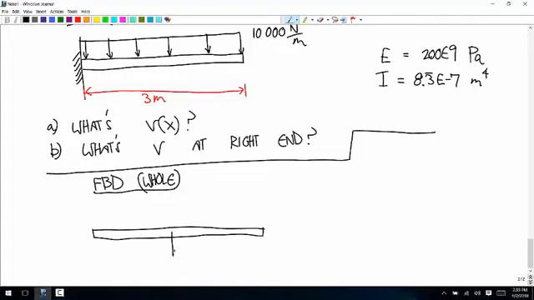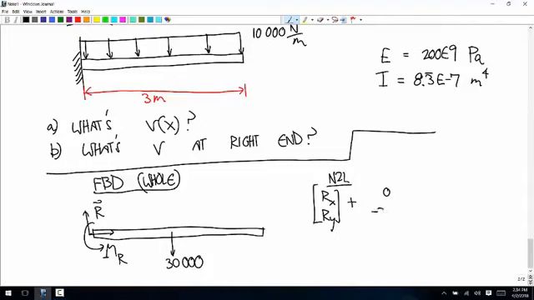The total force, we'll just treat it as a point force for this, is 10,000 times 3. And then at the end, we have an unknown force vector R and an unknown reaction couple, call that MR. So Newton's second law says Rx, Ry plus 0, negative 30,000 is equal to zeros.